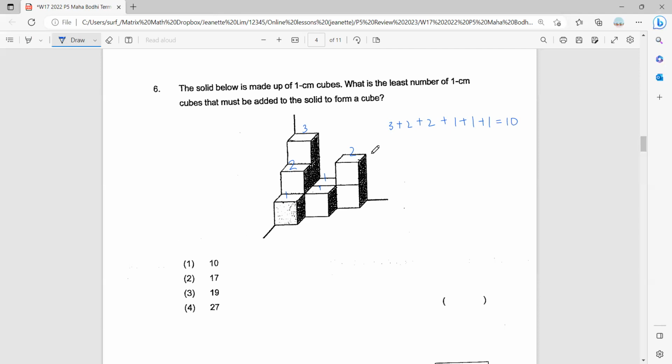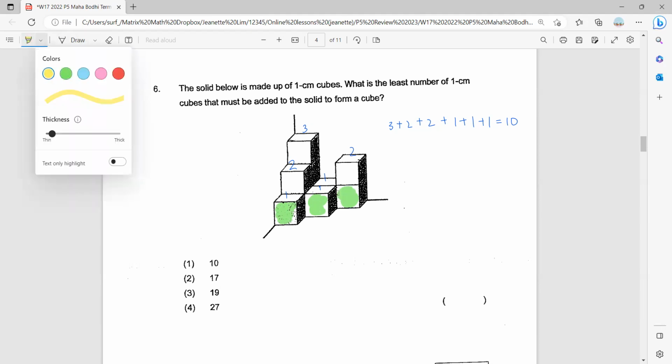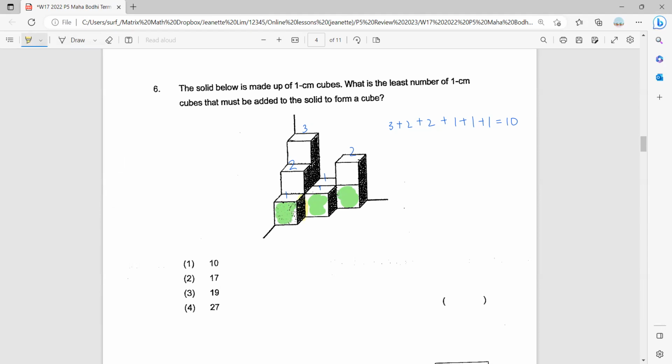Okay, what is the smallest cube that we can form? So one side of the cube will follow the largest side of this figure, okay? Meaning if I look at the front, 1, 2, 3. You need to have at least 3 cubes long. Then if I look at this side here, you cannot see, but 1, 2, 3.